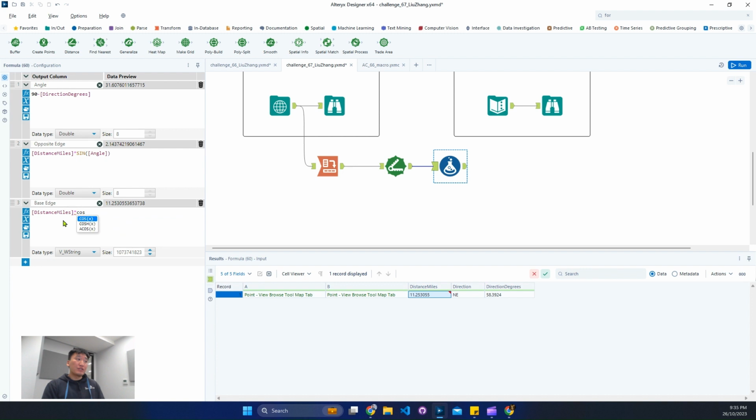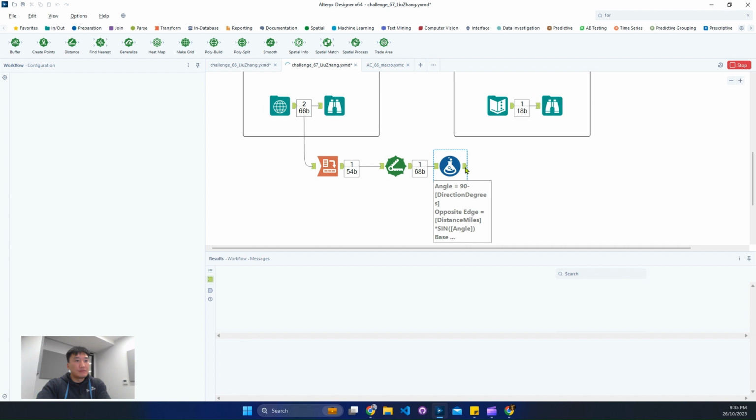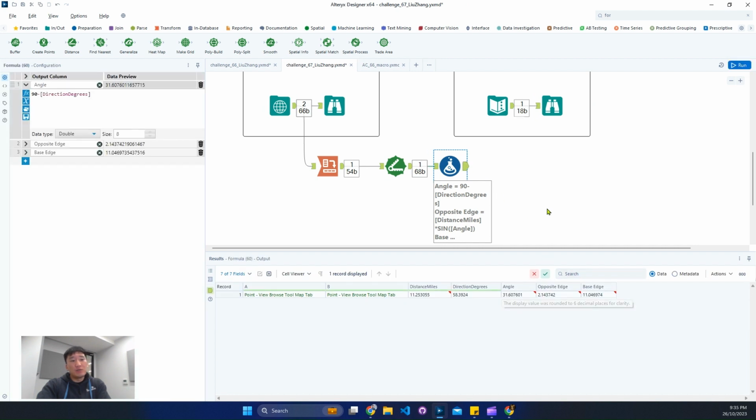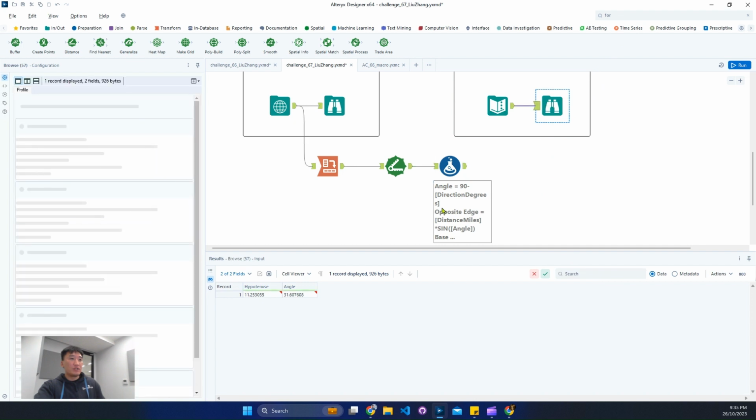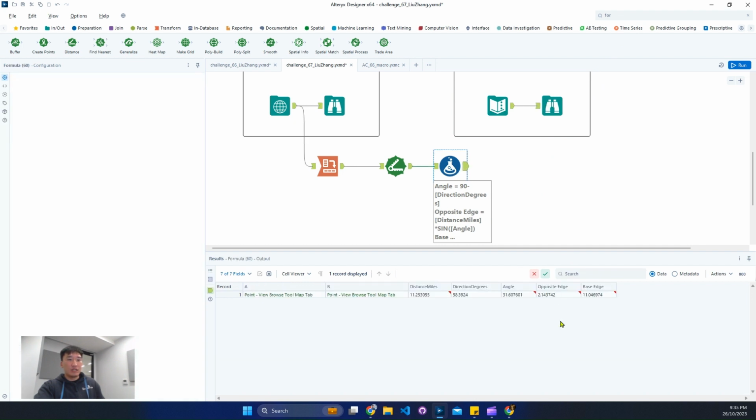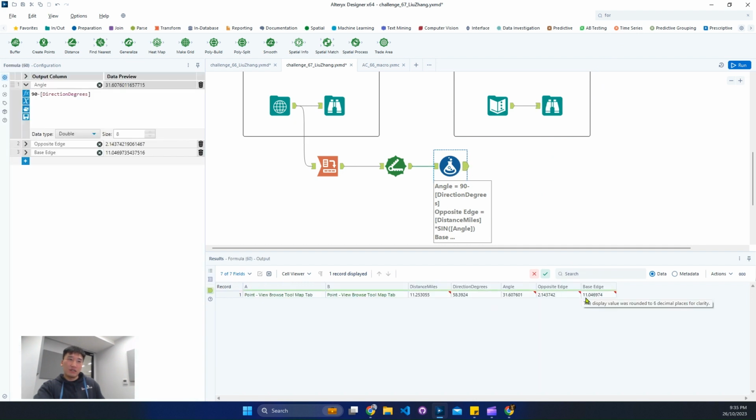So you do have math functions in Alteryx. People just don't use them as much, really. In this particular case, we may as well find everything out. The hypotenuse should be 11.25.